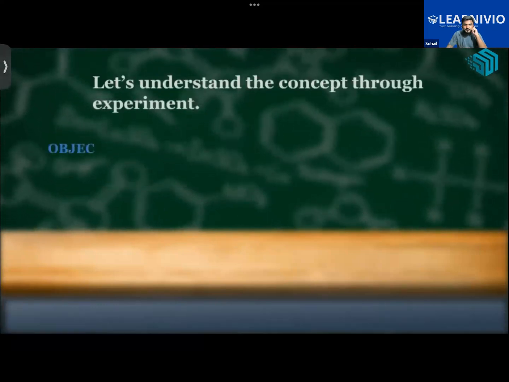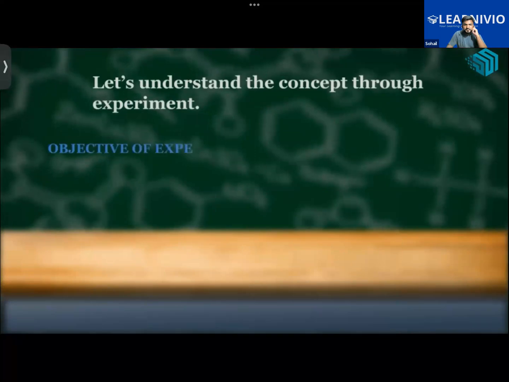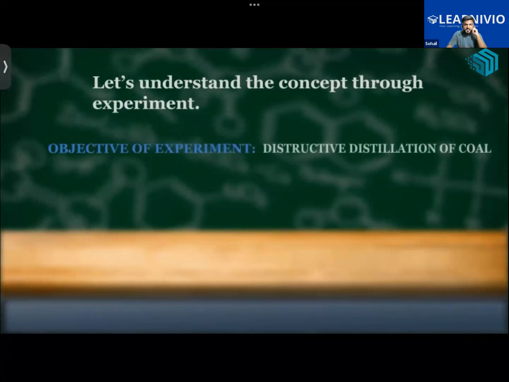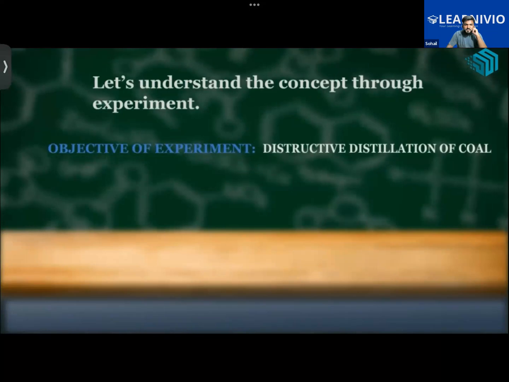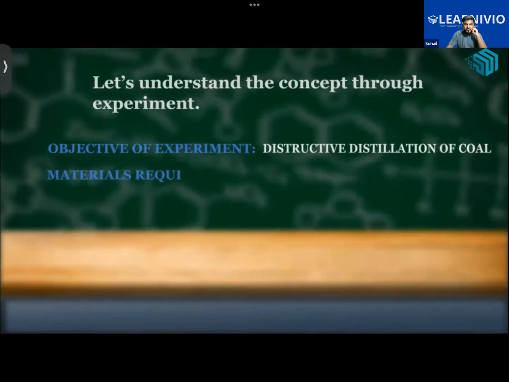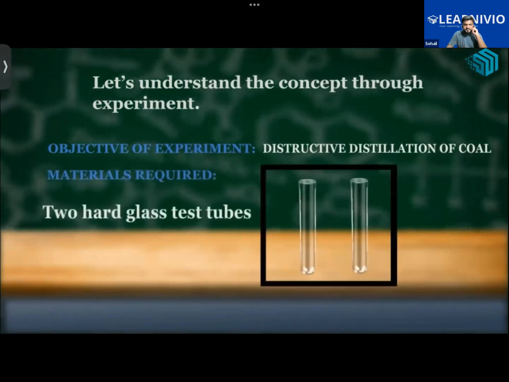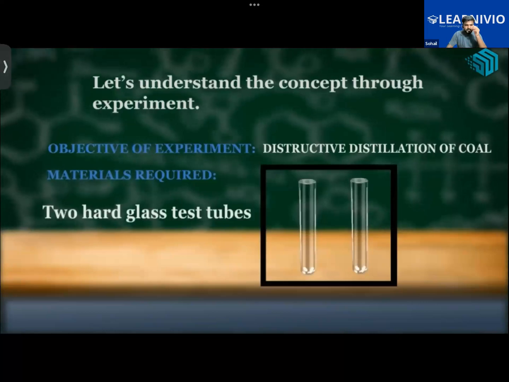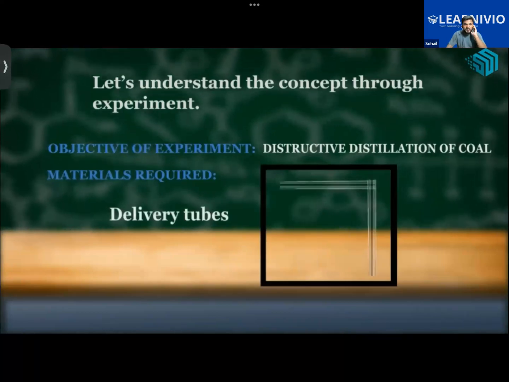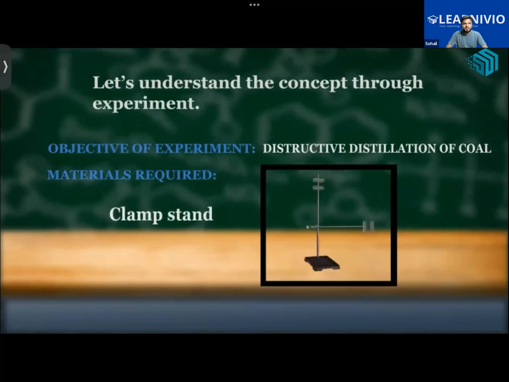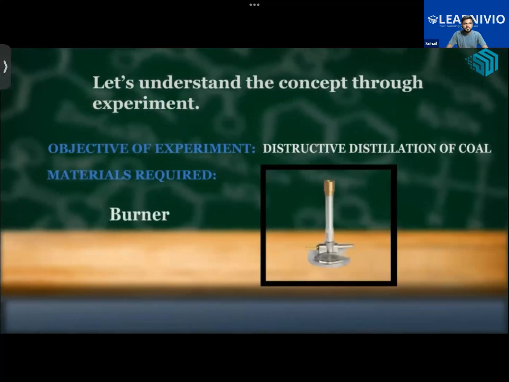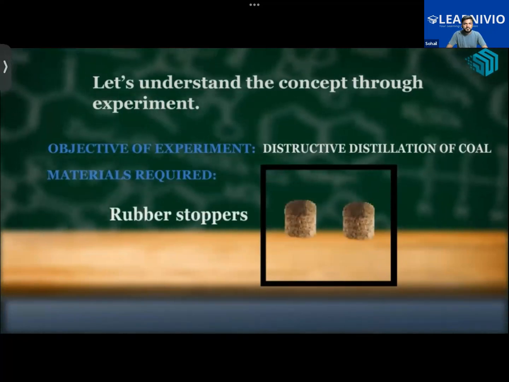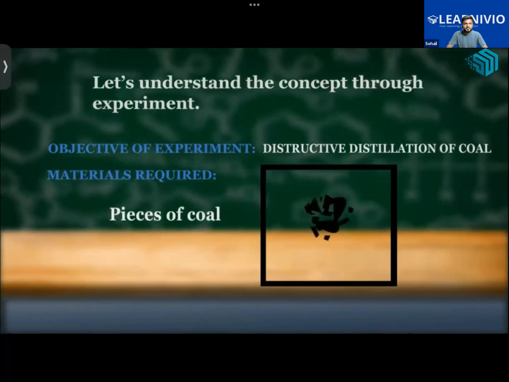Let's understand the concept through an experiment. The objective of the experiment is destructive distillation of coal. The materials required are two hard glass test tubes marked A and B, delivery tubes, clamp stand, burner, rubber stopper, pieces of coal and water.